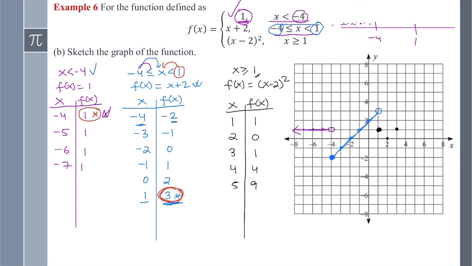When x is 4, it is 4. When x is 5, it is 9, so somewhere up here. Now I clearly know that this is not a line, it's a parabola. I have x squared, so I'm going to draw it like this, and it goes on forever. That's how we graph a piecewise function.